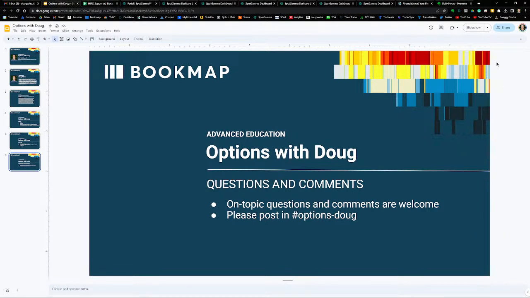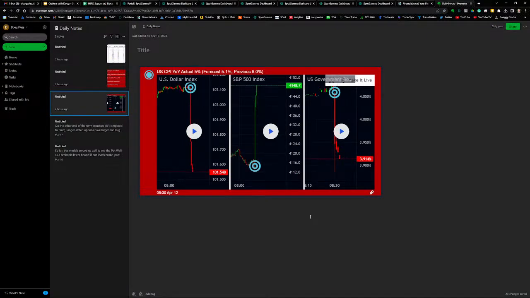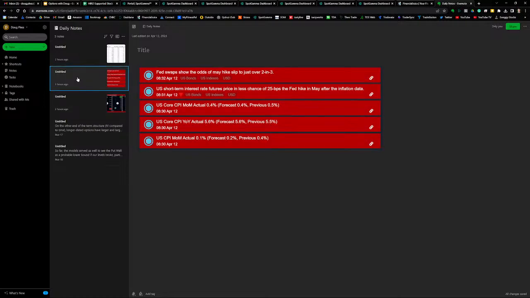All right, so the news began today with the CPI report this morning that came in mostly in line or slightly lower than forecast. And there's the year over year and the month over month, a little bit less than forecast.